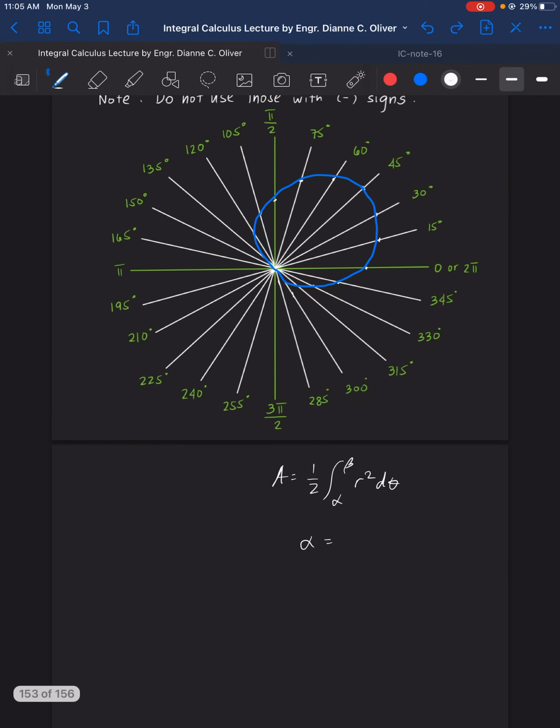Alpha is 315 because that's where it closes, which is 7 pi over 4. Beta, on the other hand, is 360 plus 135, times pi over 180, and that is equal to 11 pi over 4.